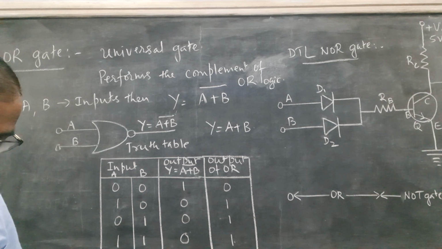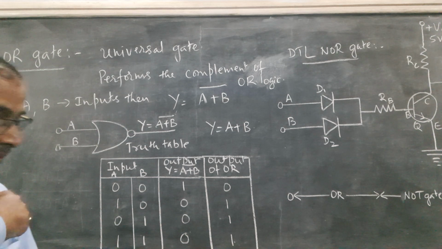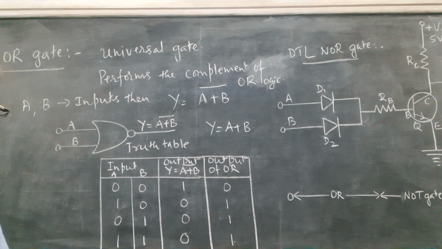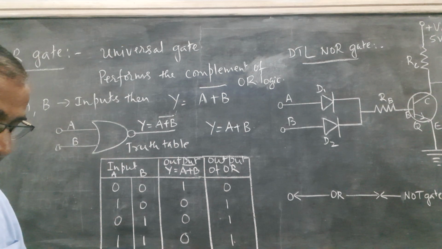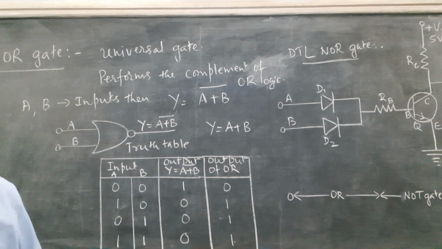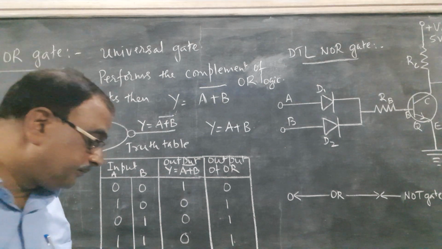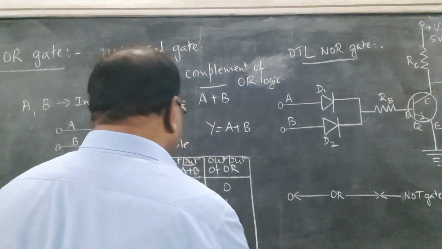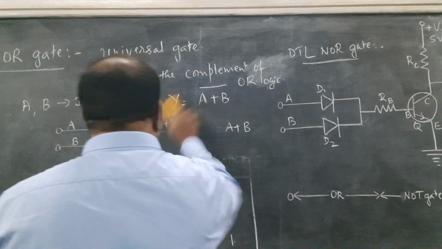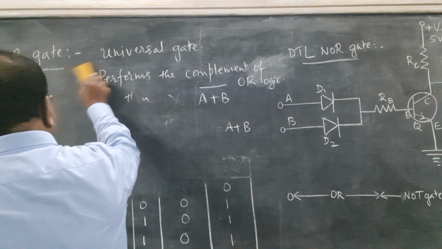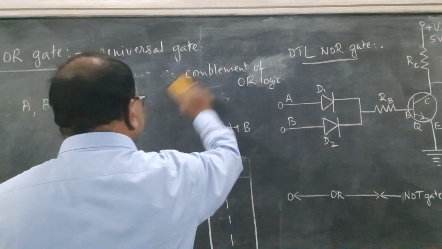This is one question which was asked in the previous question paper: draw the logic circuit which realizes the following Boolean expression. The Boolean expression was given, and accordingly we must write the logic circuit.